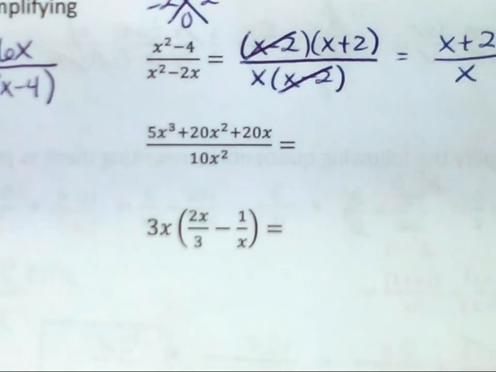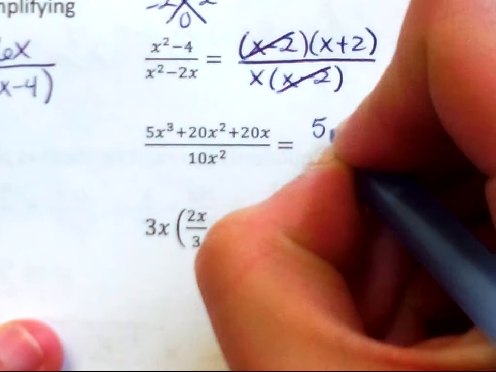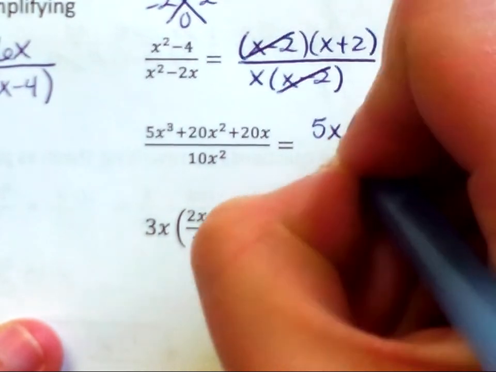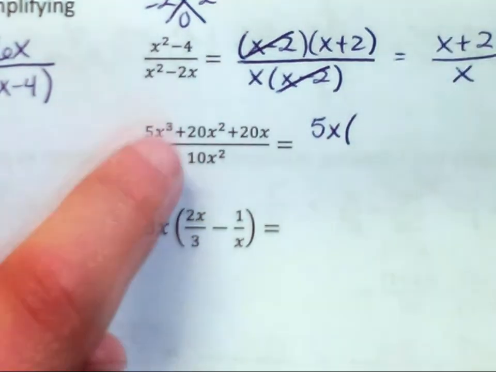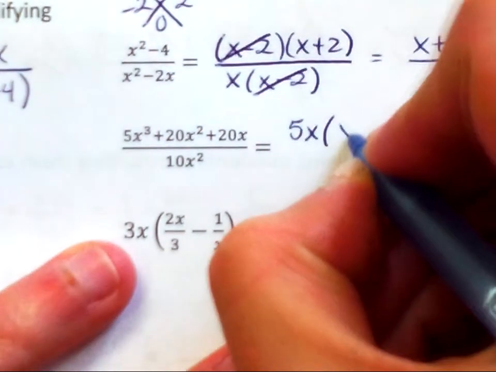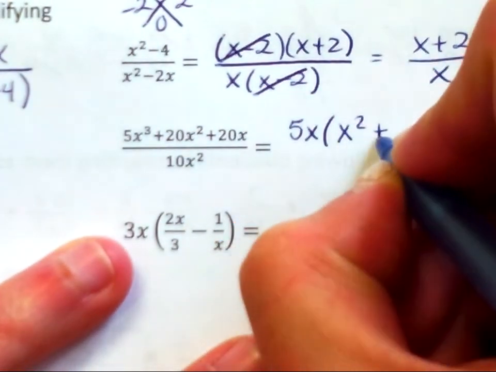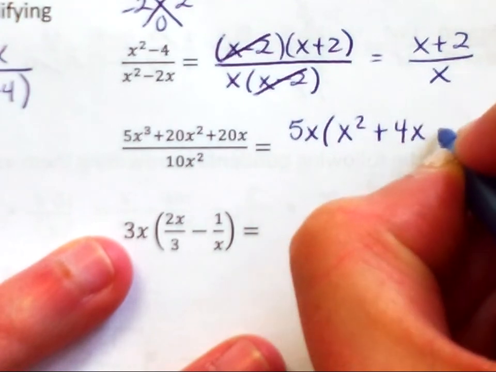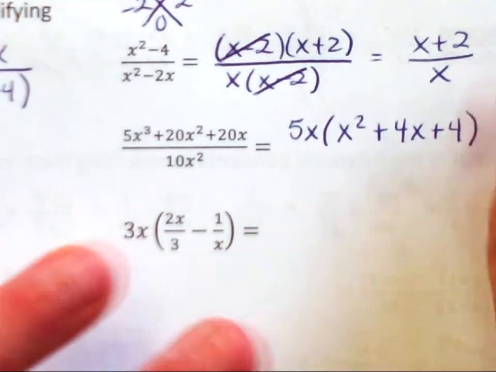Okay, looking for a GCF. The top has a GCF of 5x. So every single thing has a factor of x. So if we take out a factor of 5x from each term, that leaves us with x squared plus 4x plus 4.